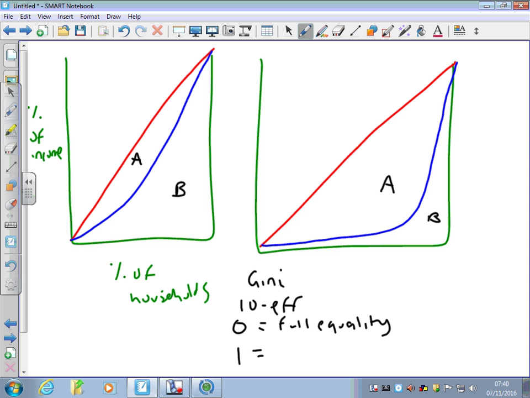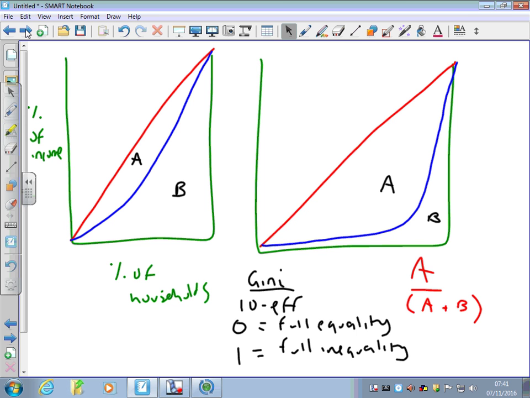If we get a score of 1, it would show full inequality, where the income is owned by one person, if you like. To work this out, the formula, not that you would need to calculate this in the exam, would be A divided by A plus B. The bigger A is, the bigger the inequality will be. The smaller A is, the less inequality there will be.